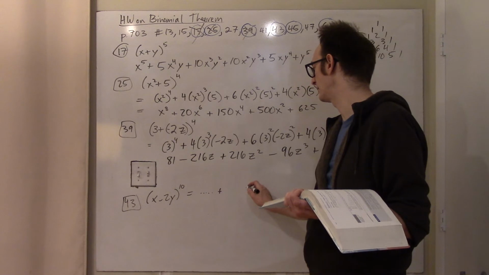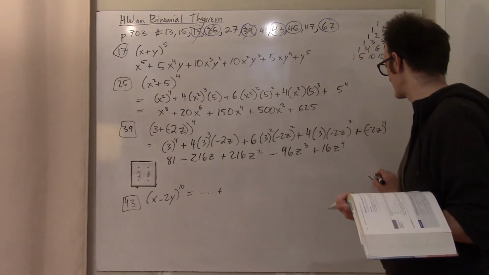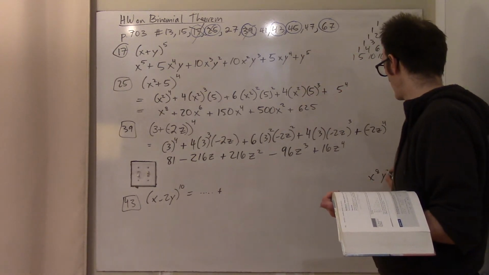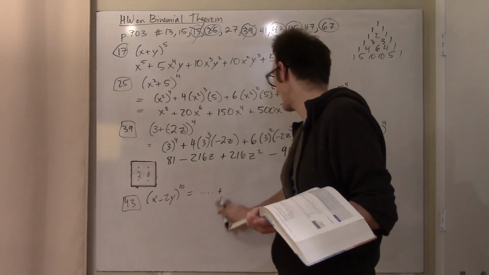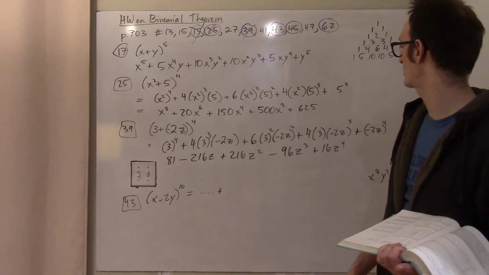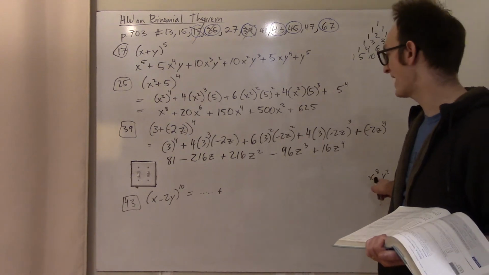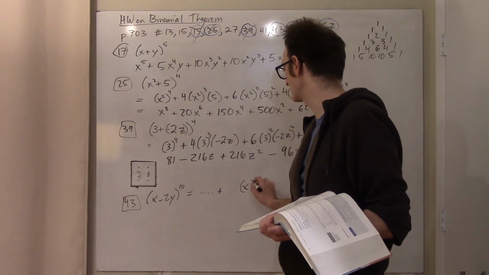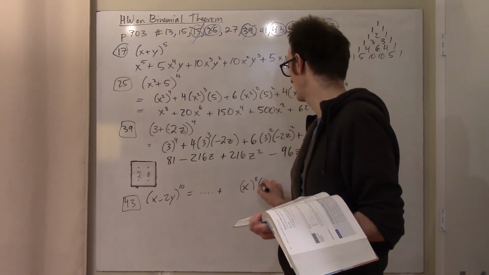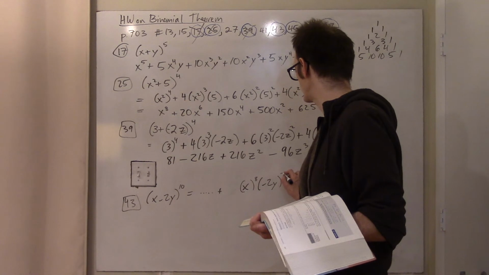So maybe I'll just write that over here. x to the 8th y squared. Well, how are you going to get an x to the 8th y squared term anyway? The only way that's going to happen is by taking x 8 times and taking negative 2y 2 times.